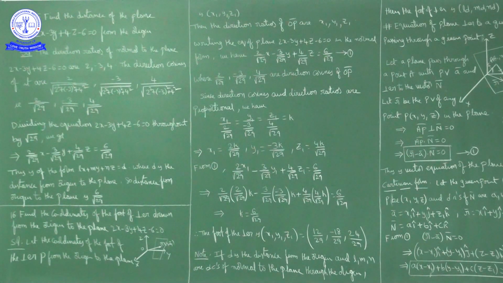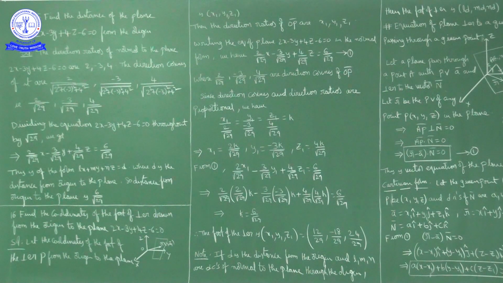What are direction ratios of OP bar? Direction ratios of OP bar are x1, y1, z1. Now direction cosines of OP bar are 2 upon root 29, minus 3 upon root 29, 4 upon root 29. Now we have direction ratios of OP bar and direction cosines of OP bar. What we know? Direction cosines and direction ratios are proportional.